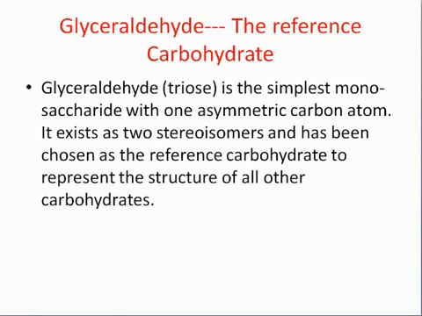The aldotriose has the same molecular formula, C3H6O3, and is known as glyceraldehyde. So that's why glyceraldehyde is the simplest monosaccharide, and it is a very important point to know.